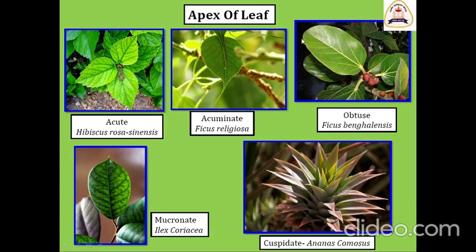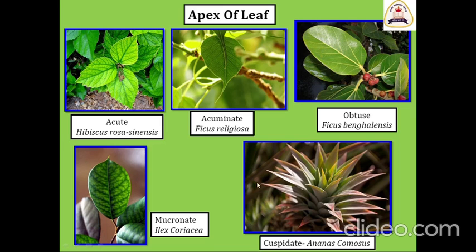Obtuse, where the angle is obtuse, meaning the tip is not sharp pointed, but blunt ended. Mucronate, here the tip is sharply pointed, the angle is very low and suddenly it broadens. This is Ilex coriacea.